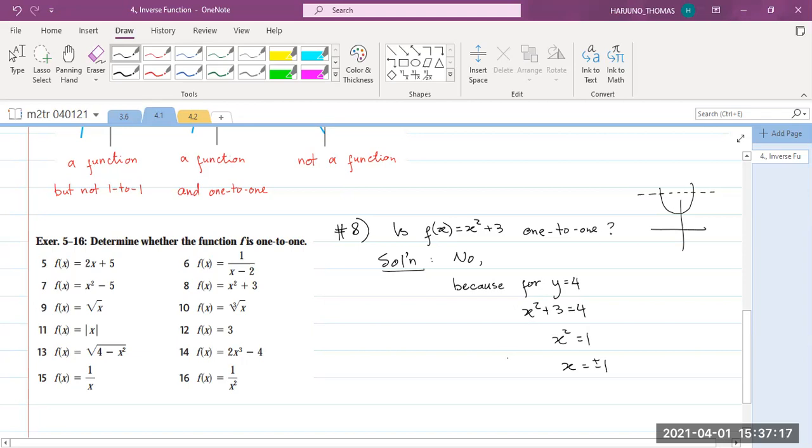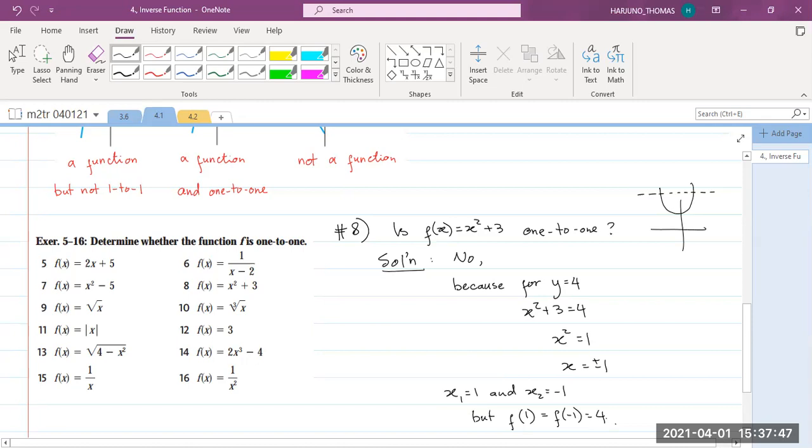In other words, for one y, you have two different x values. So x equals 1 and x equals -1 are not the same, but f(1) equals f(-1), which is 4.